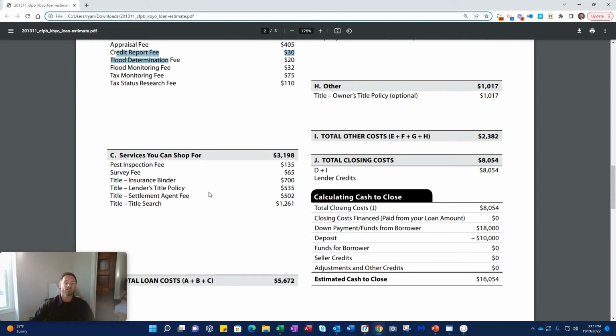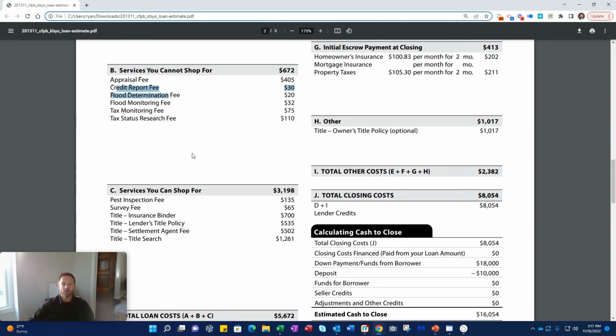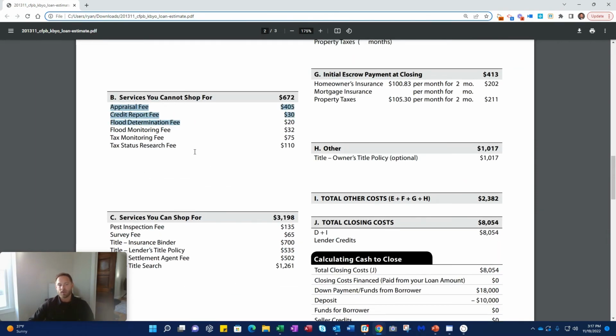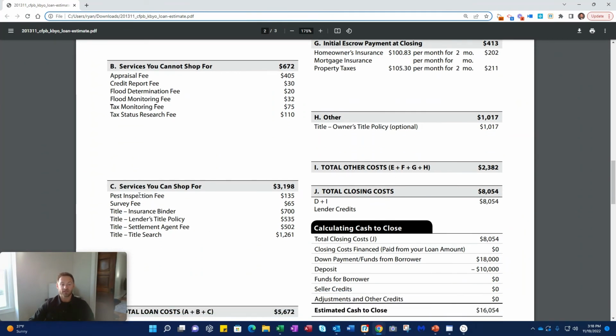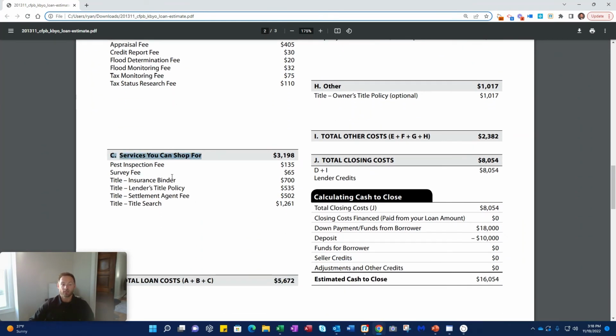So you're going to see a lot of cost on here. If you're comparing lenders, you don't necessarily need to compare these third party costs, because these third parties will be required more than likely in your real estate purchase transaction. So you can use different companies. For example, C is where most of your title fees are going to be.